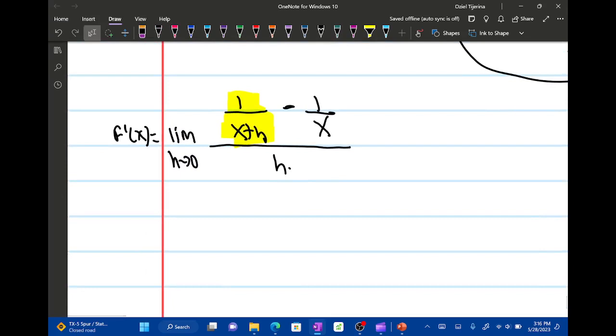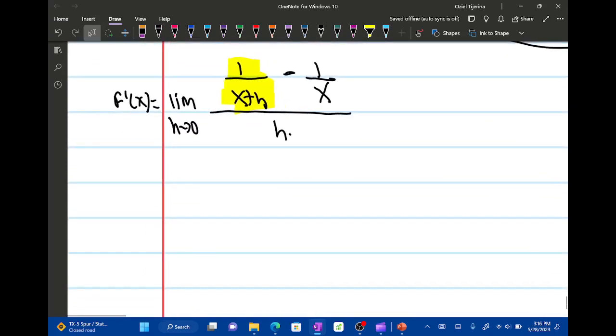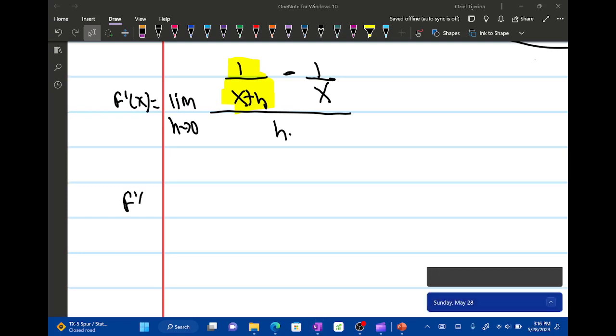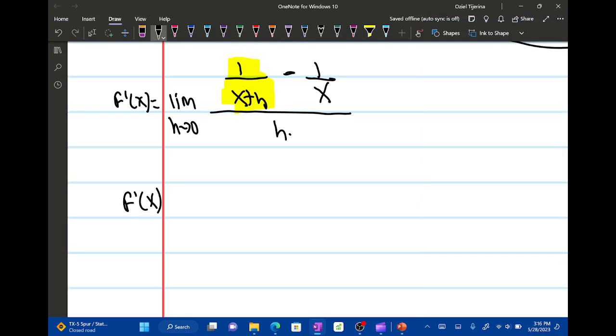Now it's a matter of cleaning this up and then finding the limit as h approaches 0. Obviously, we can't find the limit yet because we can't have a 0 in the denominator. So f prime of x is equal to the limit as h approaches 0 of the quantity 1 over, and the way I'm going to do this is cross multiplication.